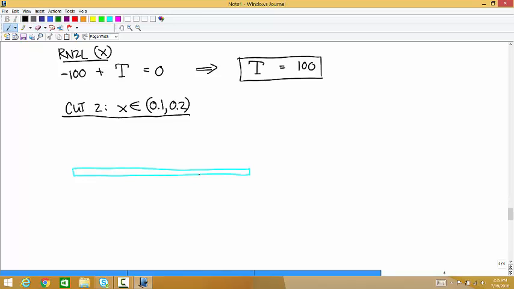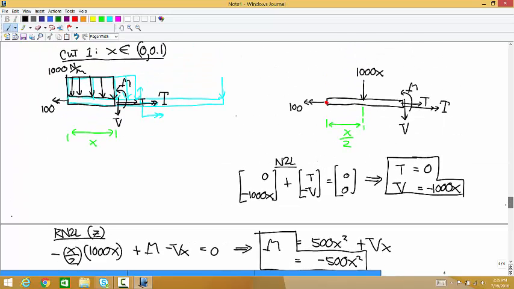So now we're looking at a piece like this. We're including the stuff happening at the pin. What were those values?